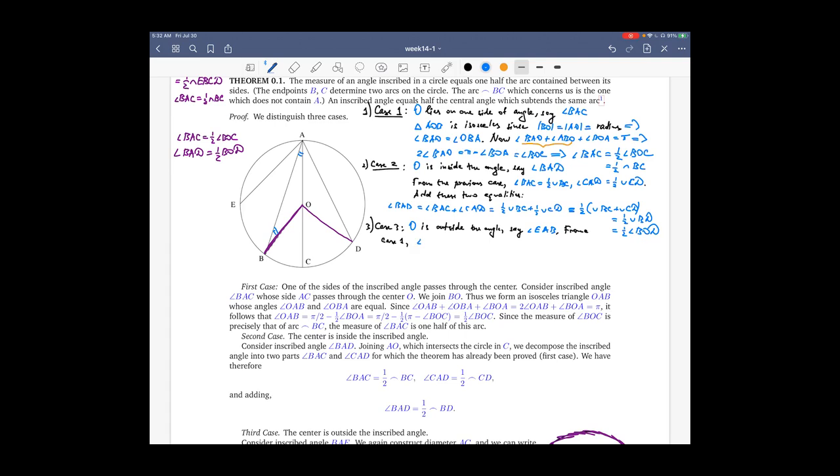And likewise, angle BAC equals half the arc BC.